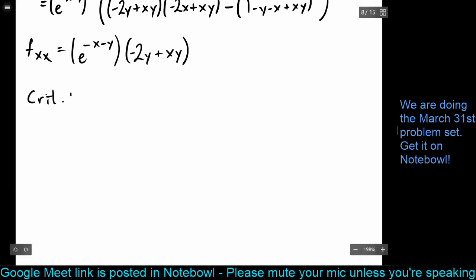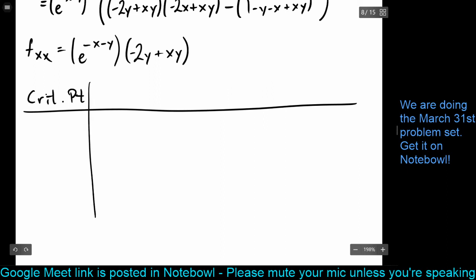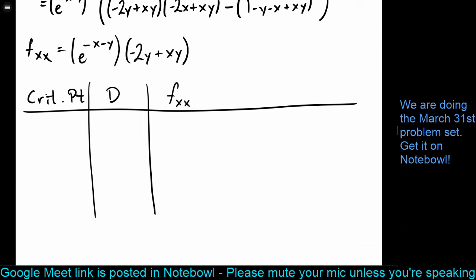So we want the critical point. Right? About the critical point, we want to know the value of d. Well, the sign of d, really, is all we need. Then we want the sign of fxx. And again, we could also use fyy. That's perfectly acceptable as well. And then here, we classify it.